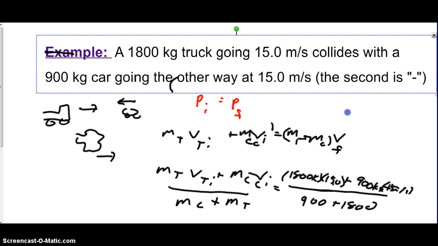So if you work this out, you find out that your V final is going to be equal to 5.00 meters per second in the positive direction. And that is how you work a conservation of momentum problem in one dimension. At least an inelastic collision.